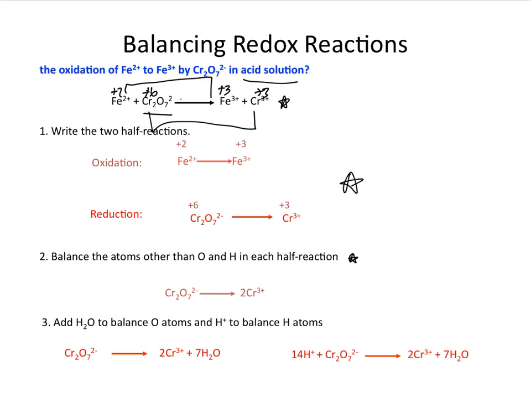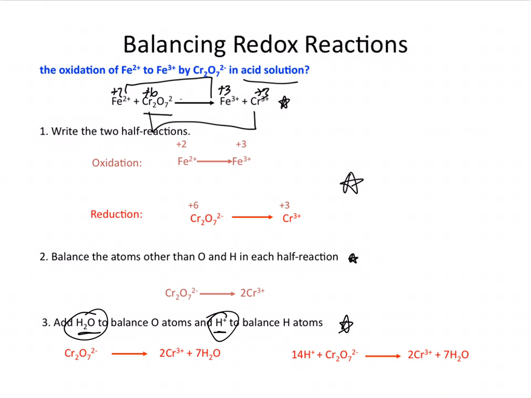Now in step number 3, we are going to balance oxygen and hydrogen atoms, and we do that by the addition of H2O and H+. H2O is added in order to balance oxygen atoms, and H+ is added in order to balance hydrogen atoms. We do that to each half reaction.